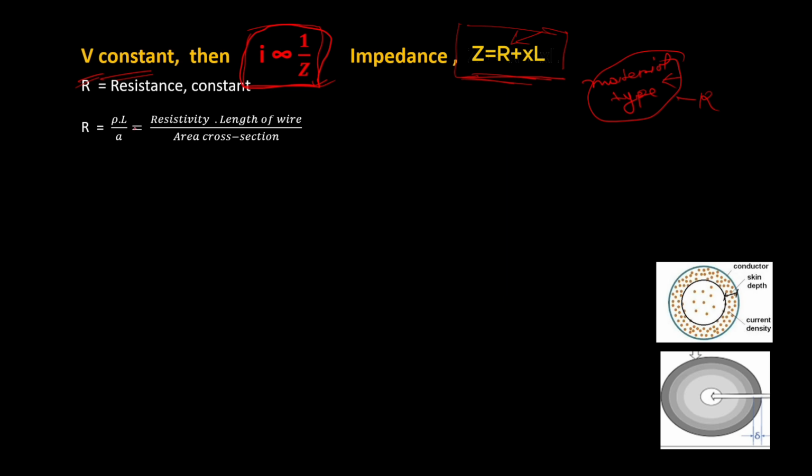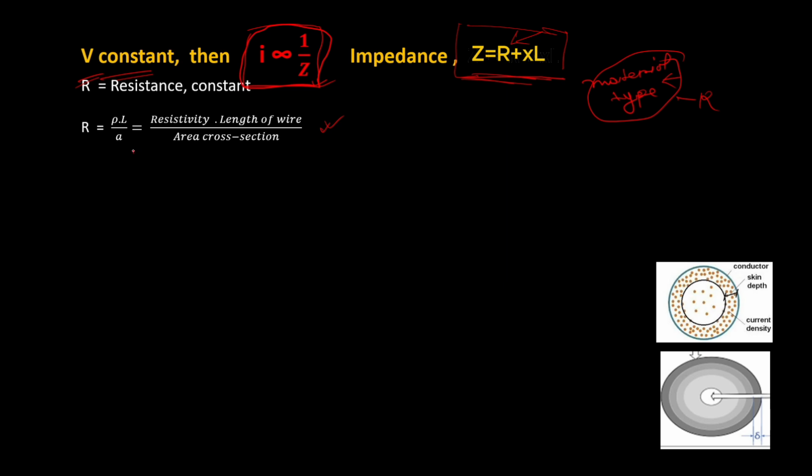Now, one more important equation you must know: R is equal to rho L by A, that is resistivity times length of wire divided by cross-section area. From this equation we can see what things affect the skin effect.